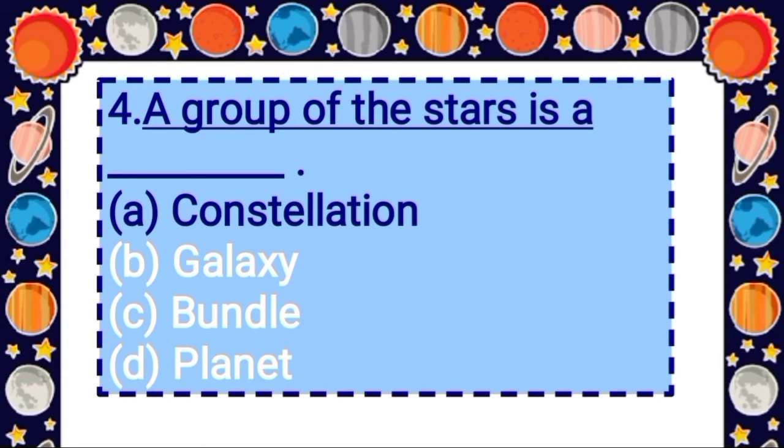Option A, constellation. Option B, galaxy. Option C, bundle. Option D, planet. So answer is option A, constellation, means a group of the stars is a constellation.